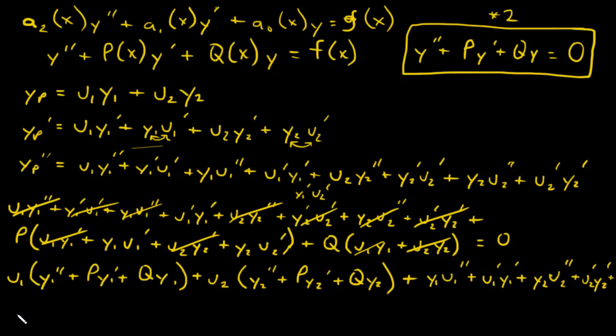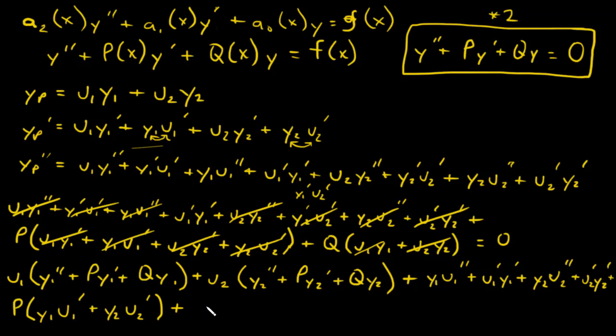So plus p times y1 u1 prime plus y2 u2 prime, and then plus the last two terms, this one and the other one.